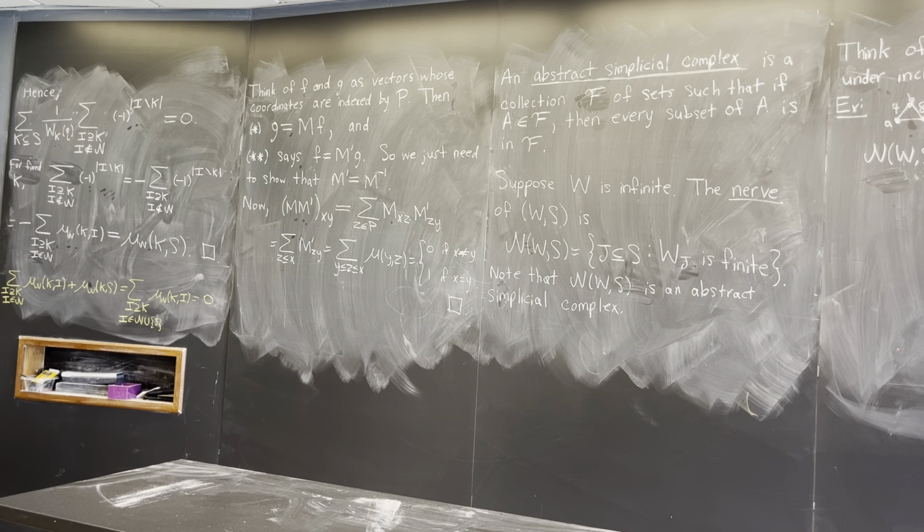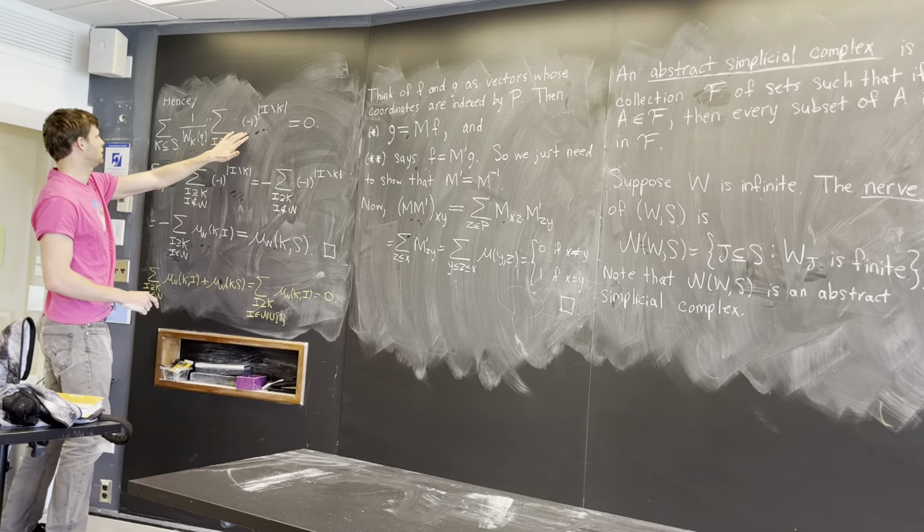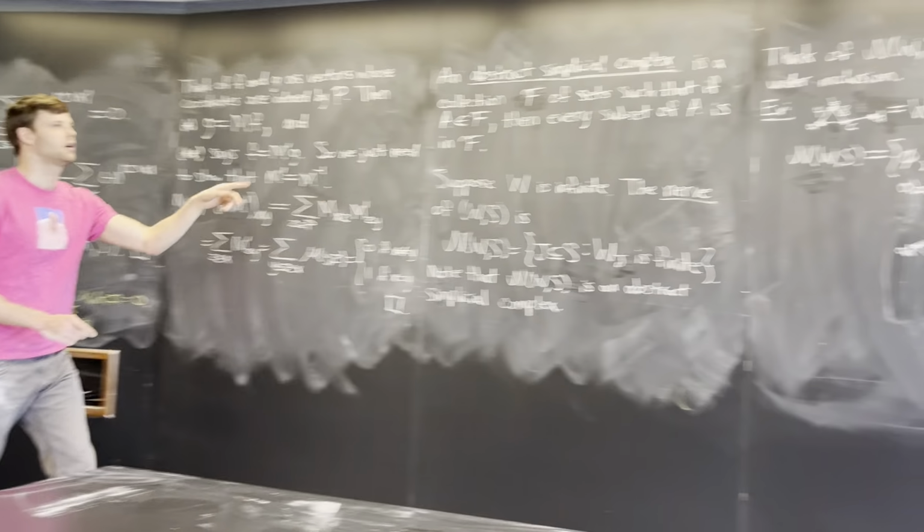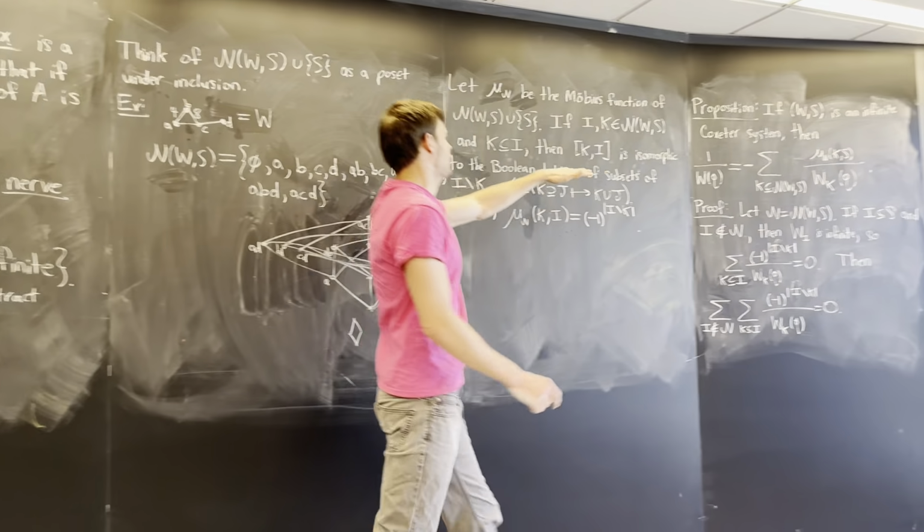Oh, but I've also pulled out this term here. Maybe I won't go into the details, but the result basically follows from this by plugging it in here, pulling out the term corresponding to k equals s, and rewriting it, and you get this. Okay.